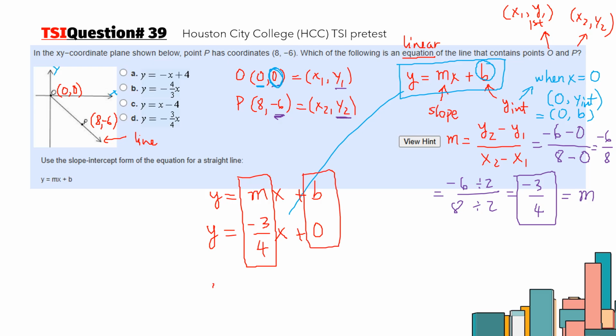Now we simplify: y equals -3 over 4 x, because adding 0 doesn't change anything. So the final answer is y equals negative 3 over 4 x, so D is the right answer.